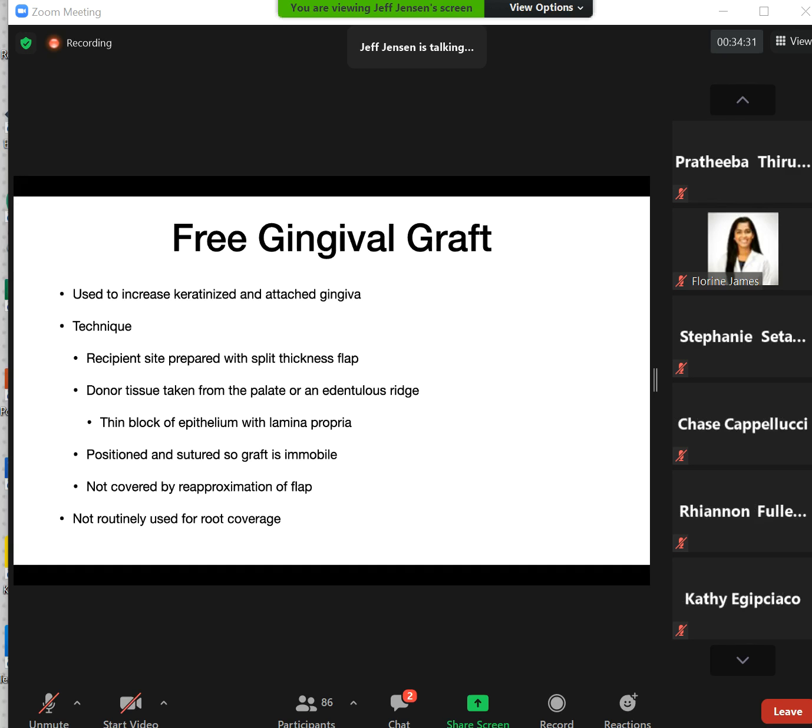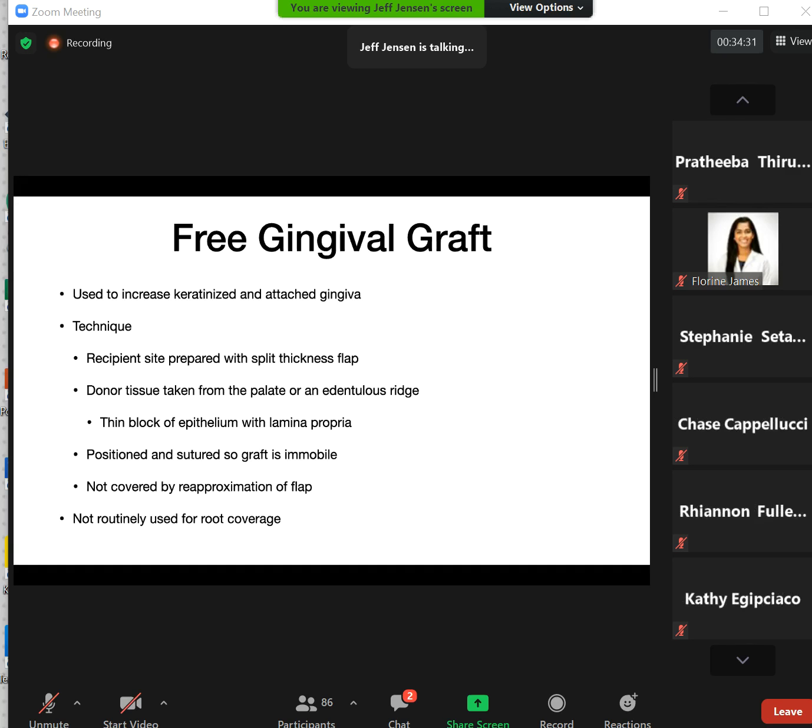When we take the graft, you can see on the lower left, we just fillet off some tissue essentially. So it's just a block of tissue that we take off and then suture in place, as on the lower right. This graft is typically more uncomfortable for the patient because there's an open wound where the graft is taken. Okay, and that essentially will granulate in and will heal back to epithelium.